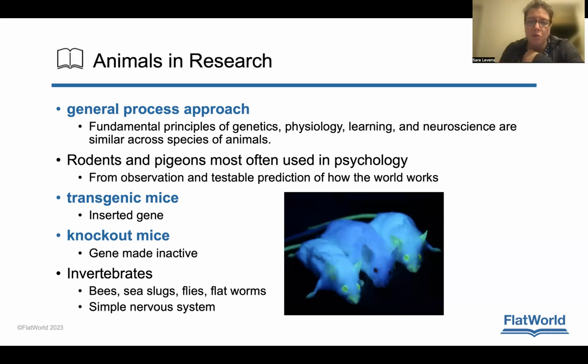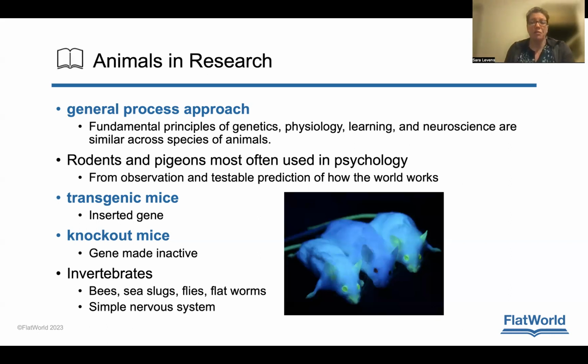And these include modifications to our rodent friends. One of them would be called transgenic mice. This is where a gene is inserted at a particular time in development, and then they see how this inserted gene can affect downstream development, learning, and so on. So this can be used to test hypotheses about the genetic underpinnings of certain diseases and learning, decision-making, mood regulation.